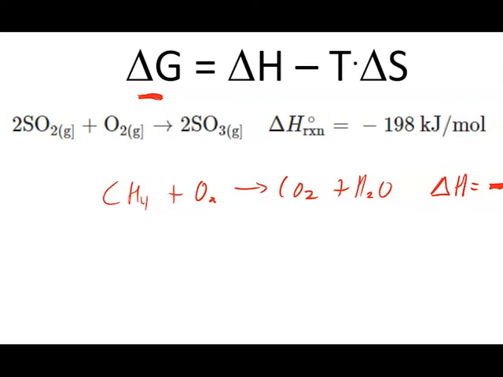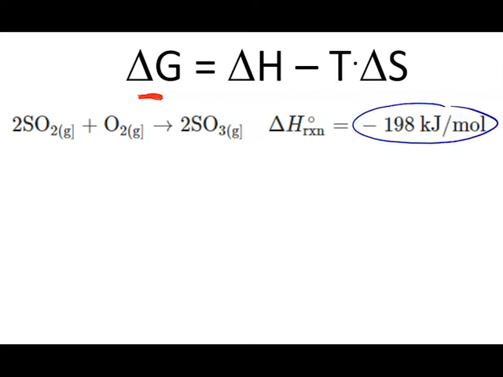Next year we'll need to know neutralization, but this year it's just delta H is negative for combustions. Heat's given off. In this case, they give us delta H and it's negative. And this really isn't going to be a calculation problem. If we did, that would be fine. We have one of the 3 components. So now we need delta S, and what we're looking for is the sign for delta S.